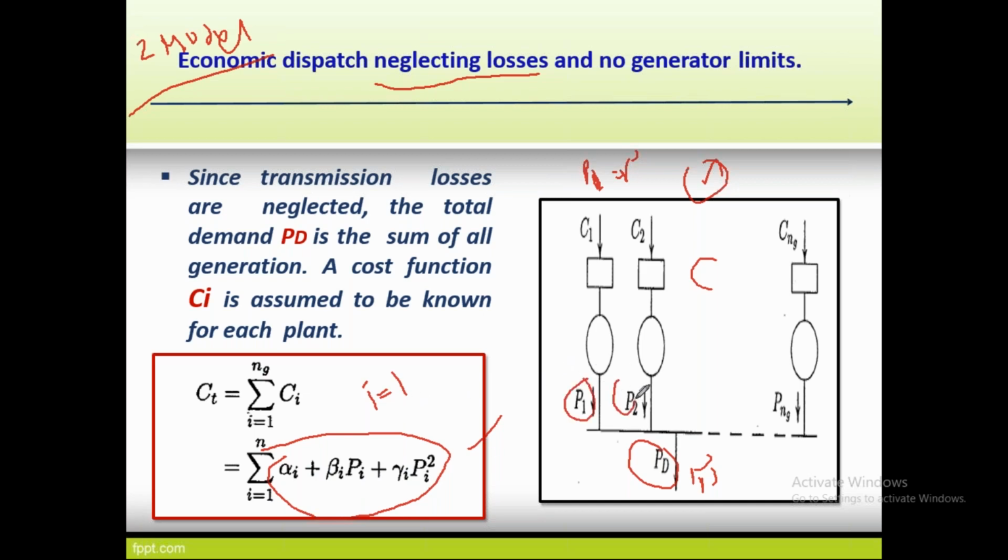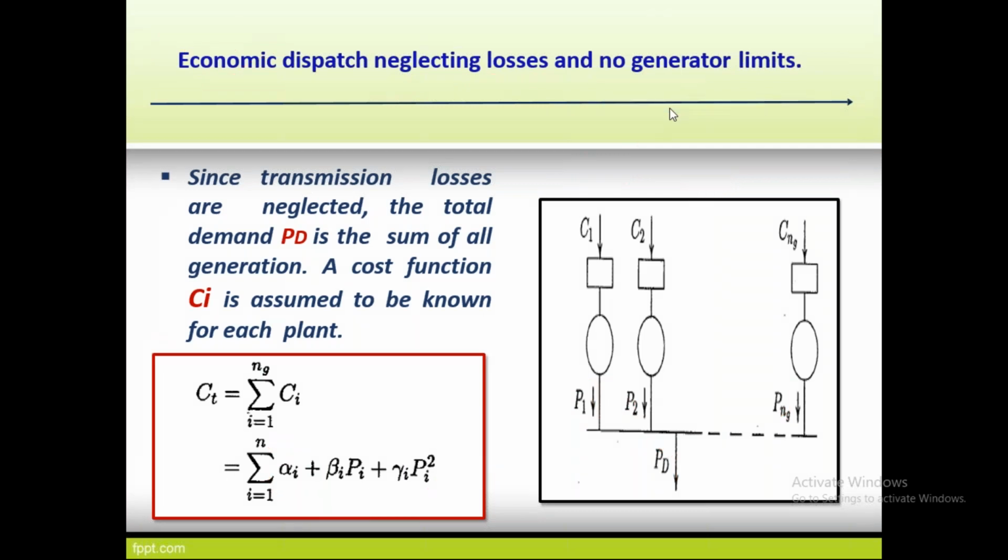If unit 2, P2, and so on up to PN. Let me see how we can calculate P1. Sometimes I consider P1 and sometimes PG1. Both are equal, so don't be confused.